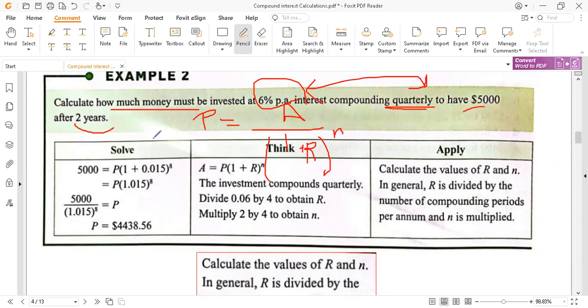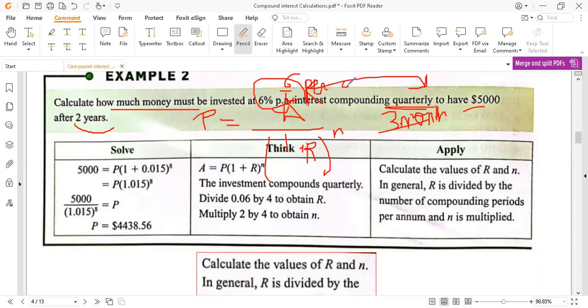We have different units, so we convert everything to the smallest period at which the interest is compounded. The interest is compounded quarterly, which means each 3 months, so four times a year. 6% per annum, divided by 4, gives the rate per quarter.